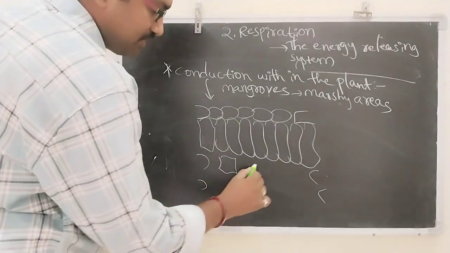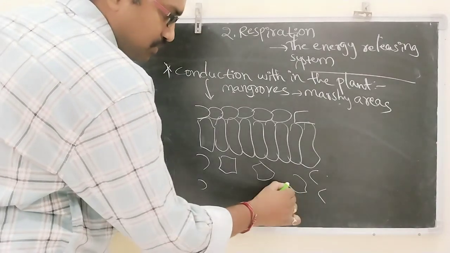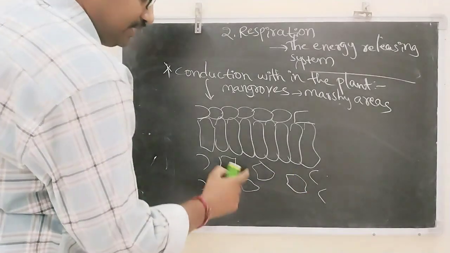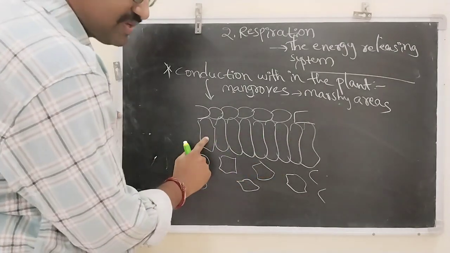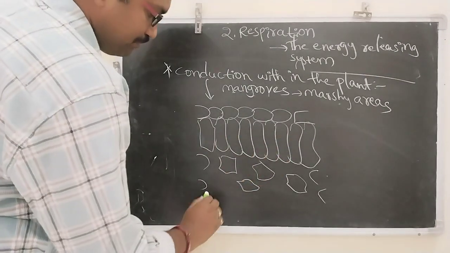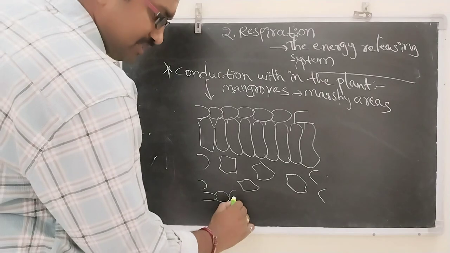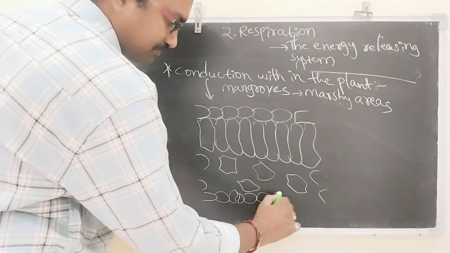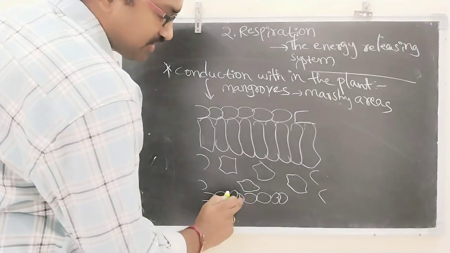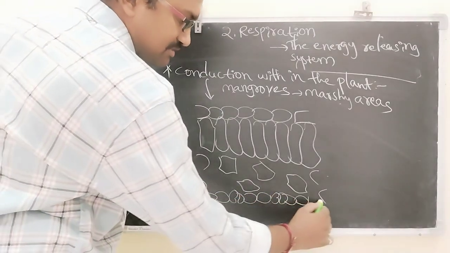Between the cells of spongy parenchyma there are intercellular spaces, whereas intercellular spaces are absent in palisade parenchyma. And here this is the lower epidermis. In the lower epidermis, stomata are present, which are surrounded by two kidney shaped cells called guard cells.